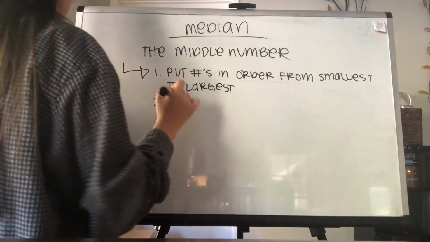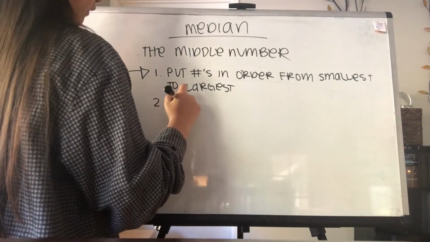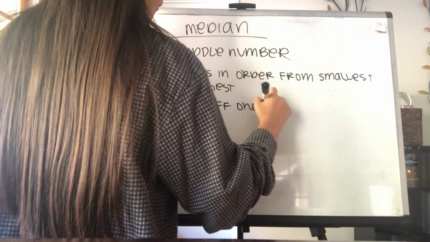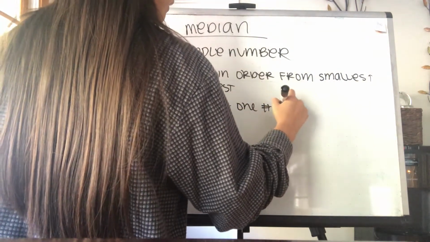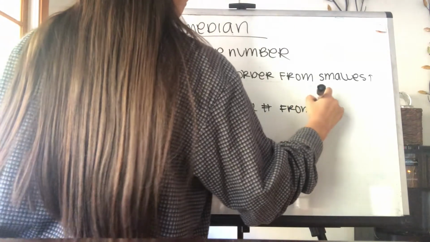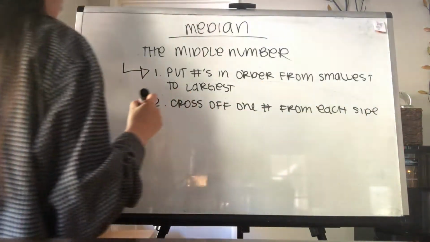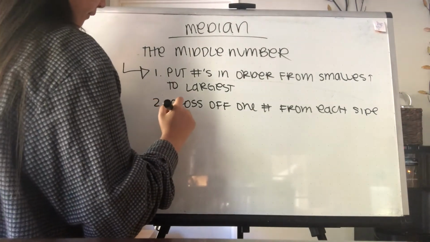Then the second step is you cross off one number from each side until you reach the middle.